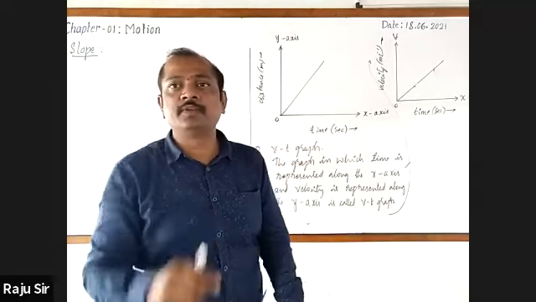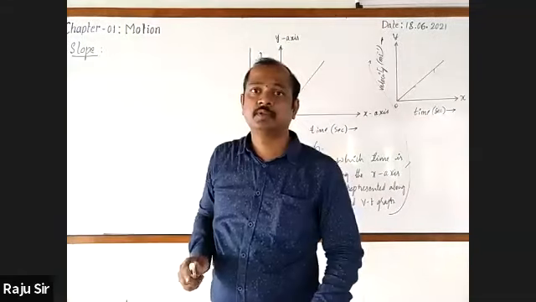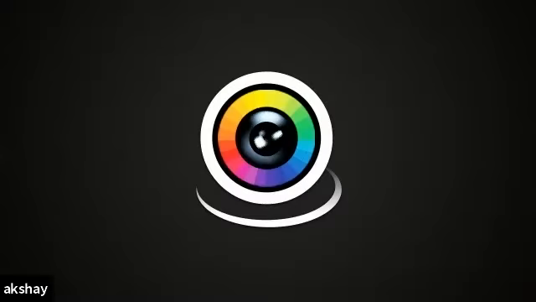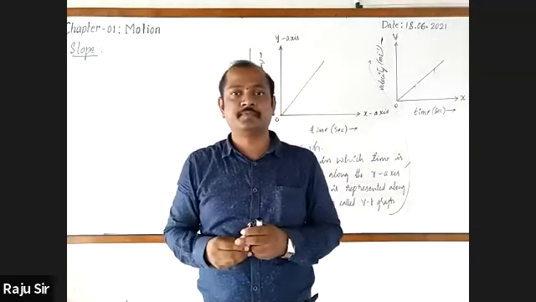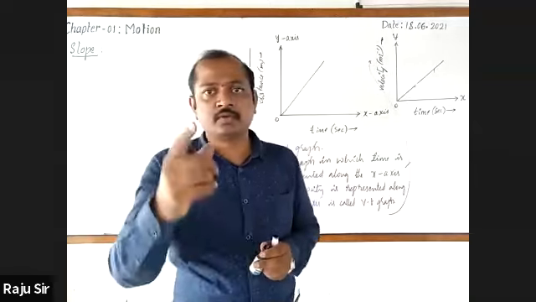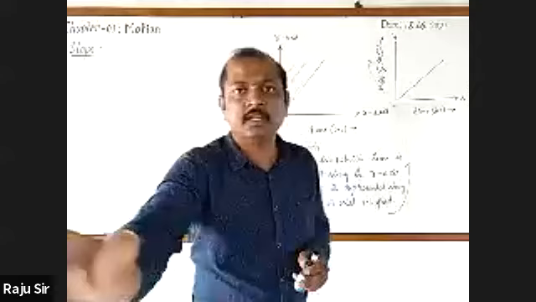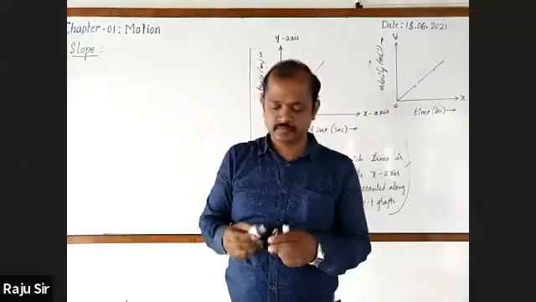Akshay, could you tell the definition of slope? The vertical distance and the horizontal distance. The terms that are used are correct, but I want the exact definition. Shreya, could you try? The ratio of vertical distance to the horizontal distance. Very good.